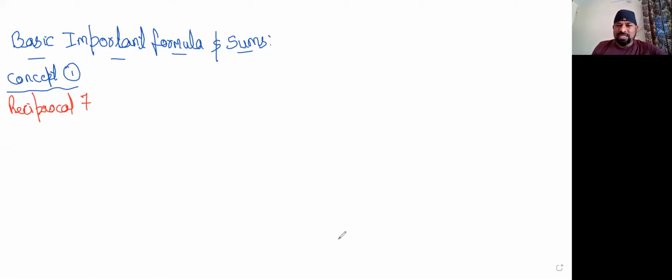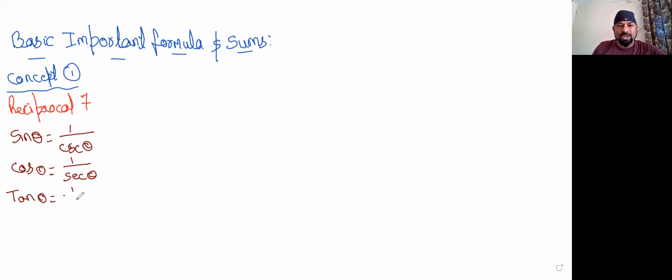As you all know, the reciprocals we are working with: sine theta is the reciprocal of 1 by cosec theta. In the same way, cos theta is 1 by secant theta. The next reciprocal: tan theta is 1 by cot theta.